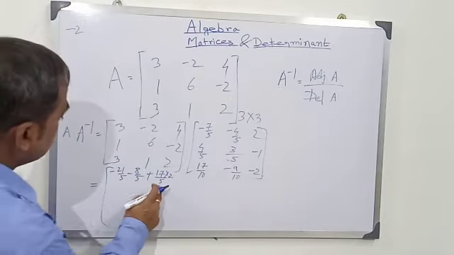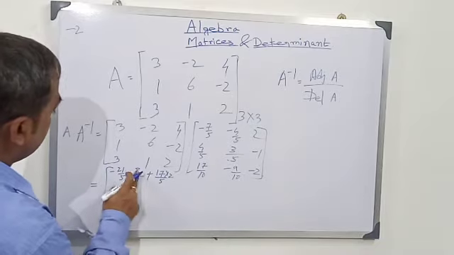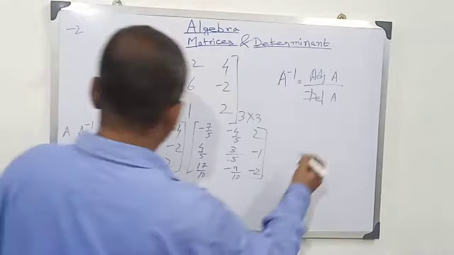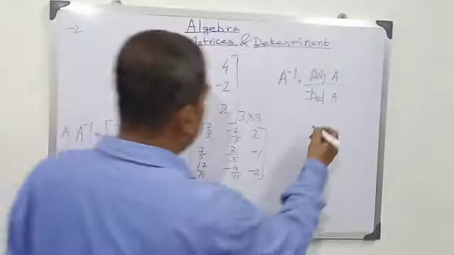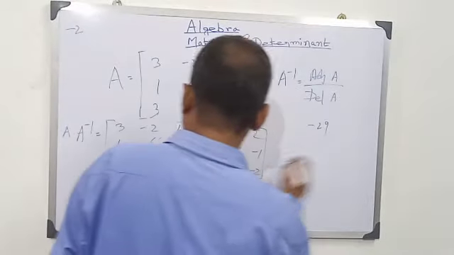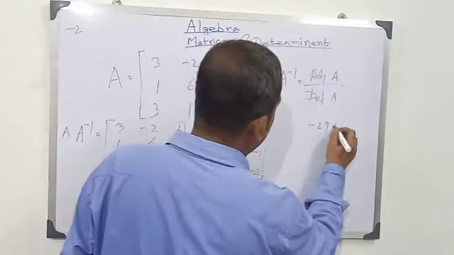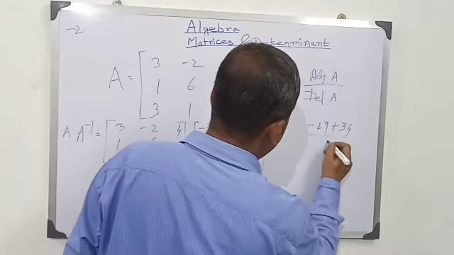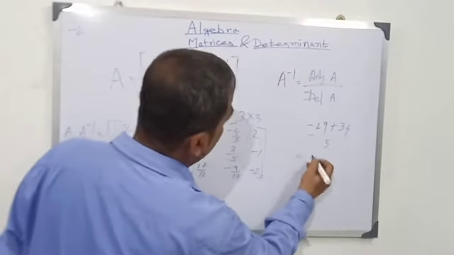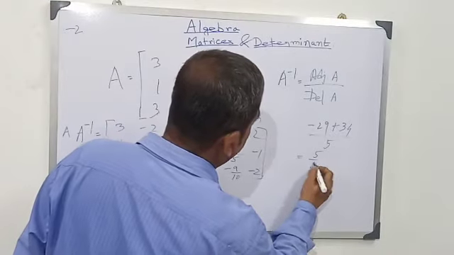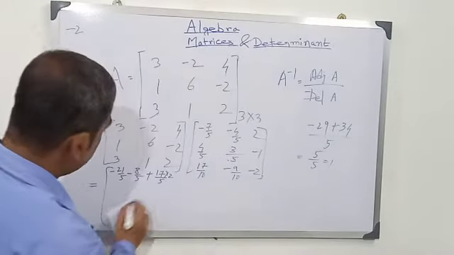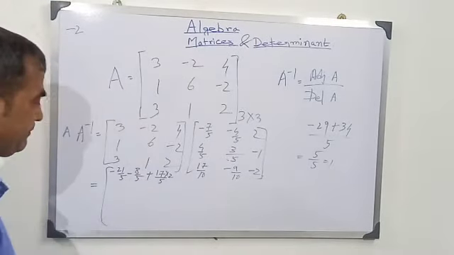So 5 is taken as the LCM. 21 and 8 is minus 29, and this is plus 34 by 5, which is 5 by 5, which is 1. Here it should come as 1.